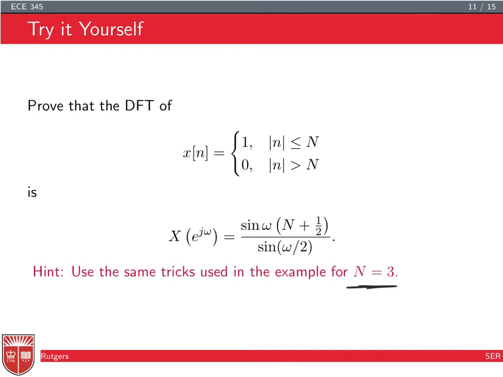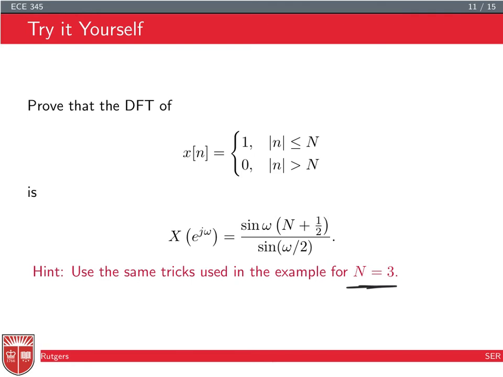Let me make a short break here and suggest a problem to do by yourself. I usually suggest these problems at the end of the slides or the lecture, but I'm going to do it here because it's very related to what I just did before. So the problem to do yourself is the following. Prove that the following box signal, and it looks like this.